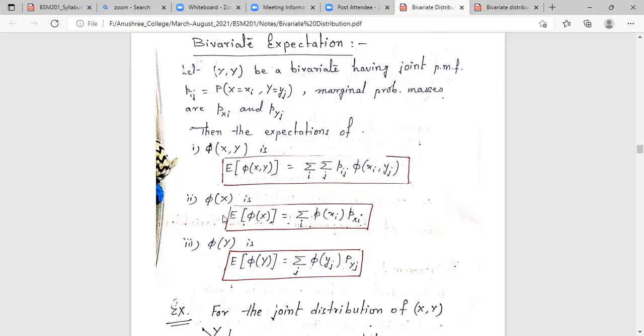Similarly, if I need to obtain phi(X) only, then the expectation of phi(X) will be the summation over all i of phi(xi) into pxi, the probability corresponding to that marginal distribution. Similarly, the expectation of phi(Y) will be the summation over j of phi(yj) pyj.